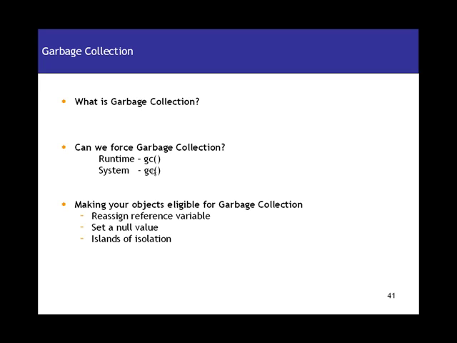There's no way we can command the garbage collector to run. We can only make a request, and it's up to the garbage collector whether or not it wants to run. So we can just make the request and hope that the garbage collector runs as soon as possible when we make the request, right?